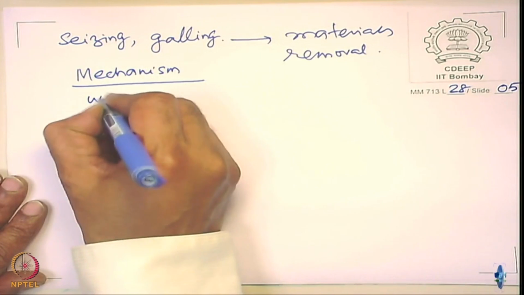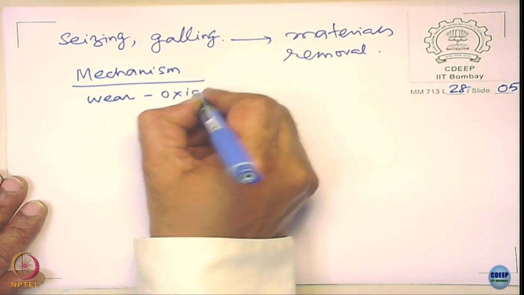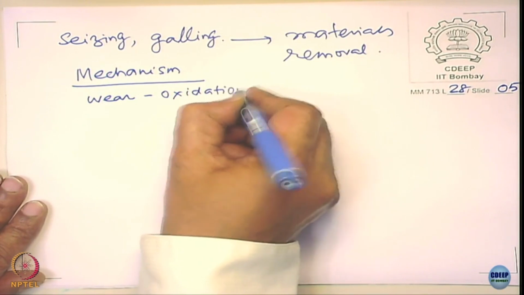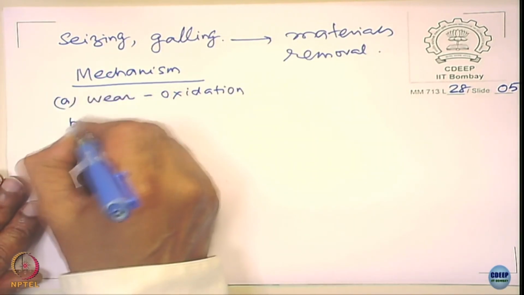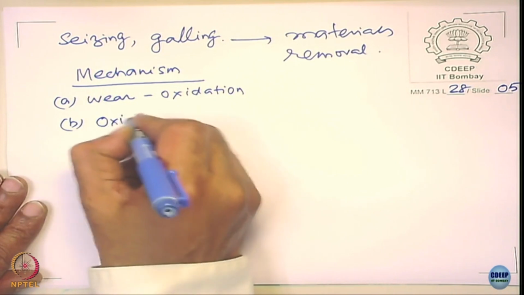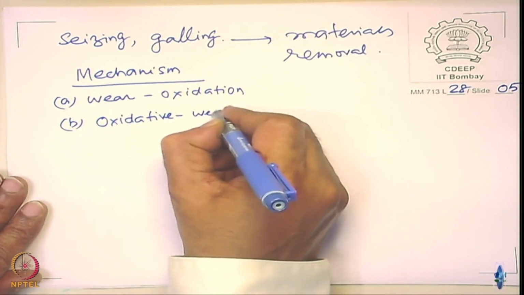There are 2 types of mechanisms, okay. One is called wear oxidation. The other mechanism is oxidative wear.